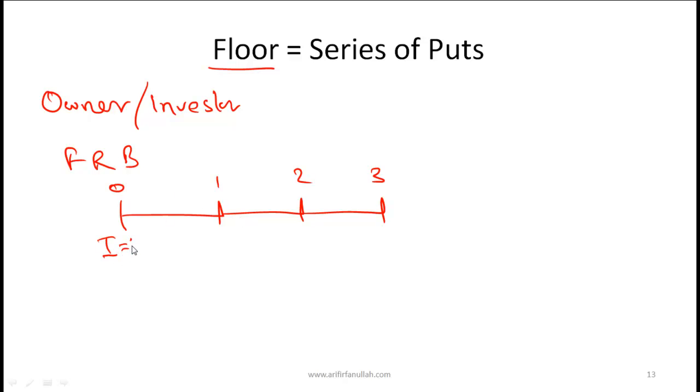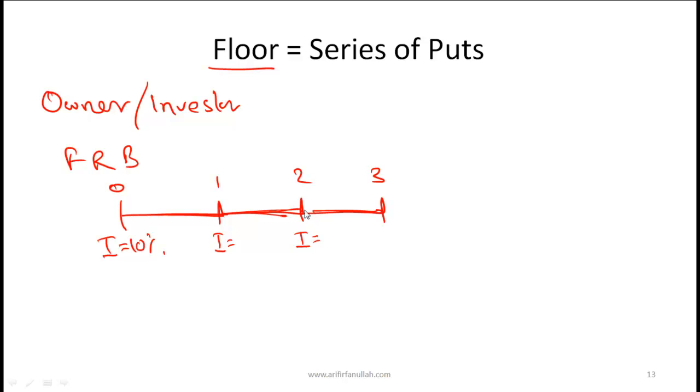Initially the interest rate is 10%, so you are going to get a payment of 10% for period 1, and then obviously your payment for period 2 will be based on the interest rate at the beginning of period 2, and your payment for period 3 will be based on the interest rate at the beginning of period 3.